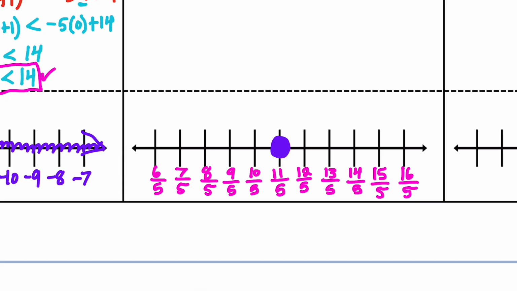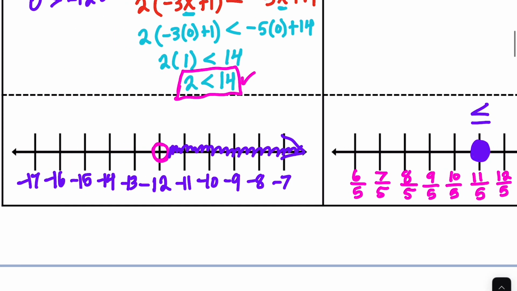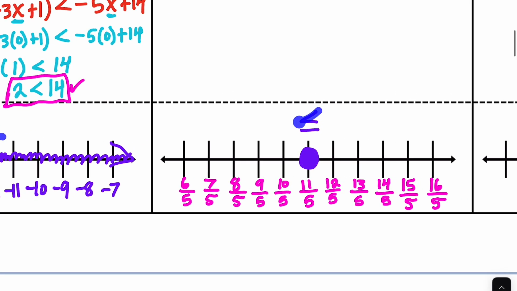So again, a solid line, a solid circle. Over here, we just had a greater than sign. A greater than sign did not have a solid line, so it was an open circle. A less than or equal to sign has a solid line, so a solid circle. And I can kind of use this as a reference.